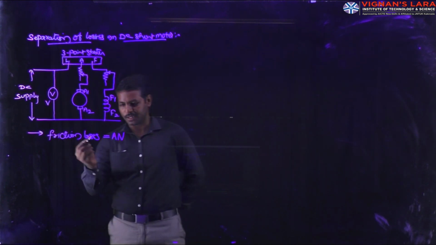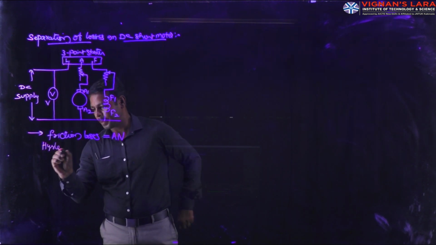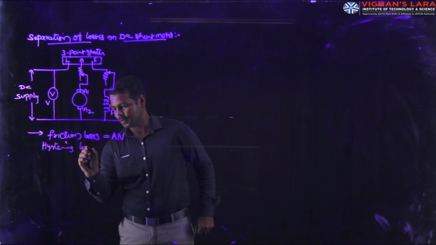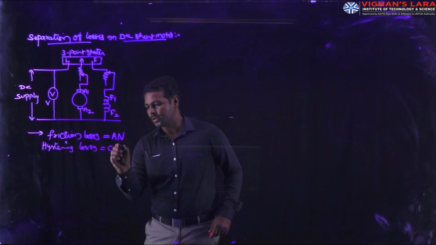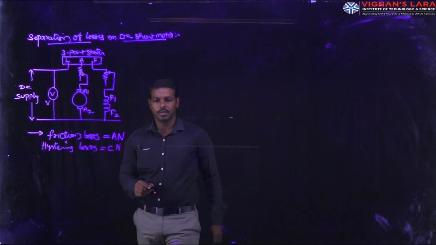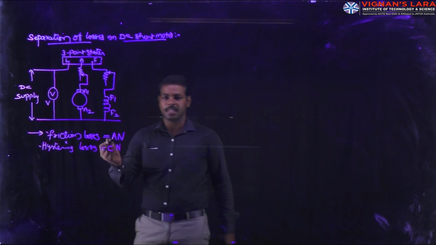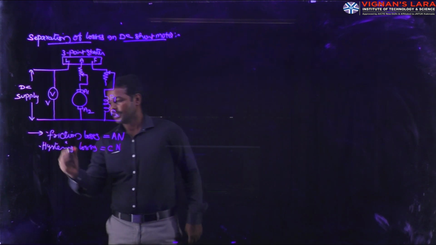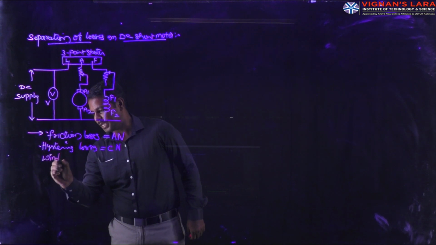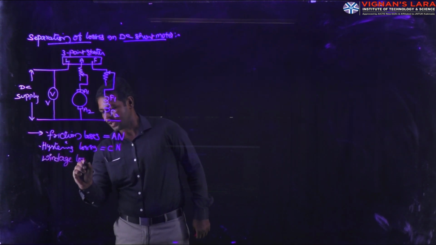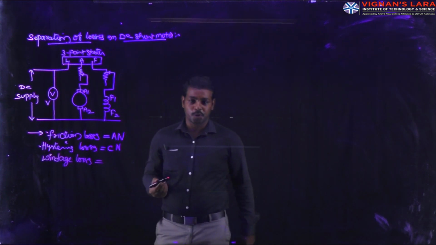So friction loss is equal to A into N. Hysteresis loss is equal to C into N. Because of this, friction losses as well as hysteresis losses are directly proportional to speed. But windage loss as well as eddy current loss are directly proportional to the square of the speed.